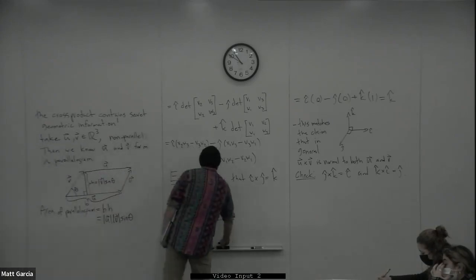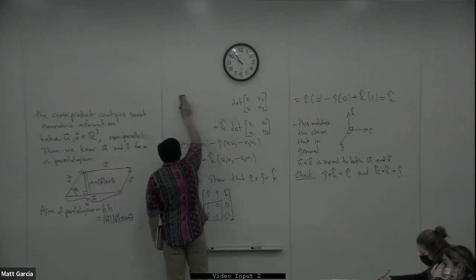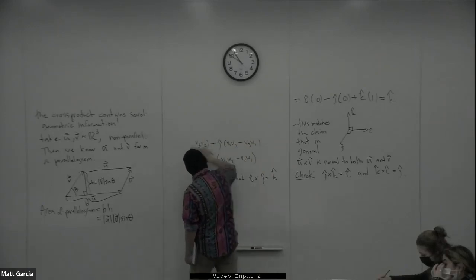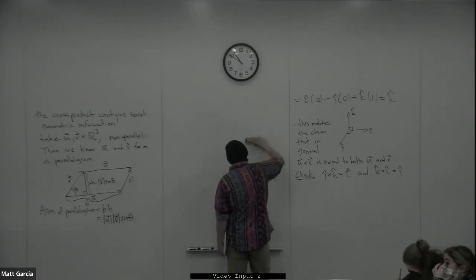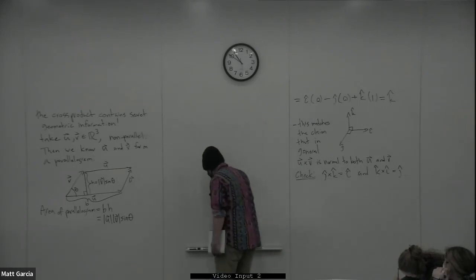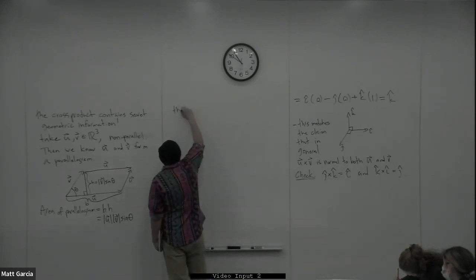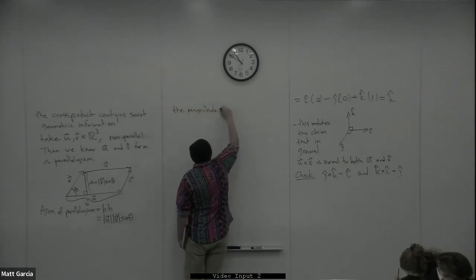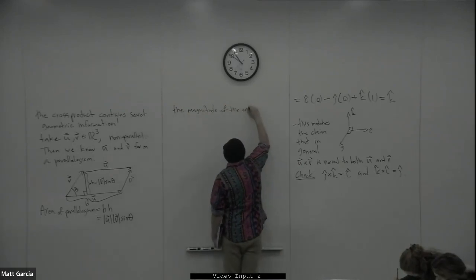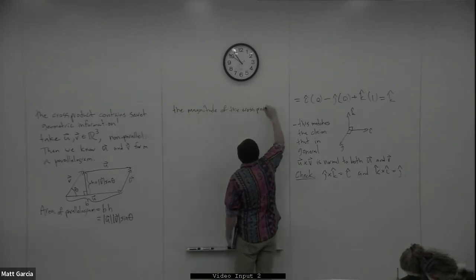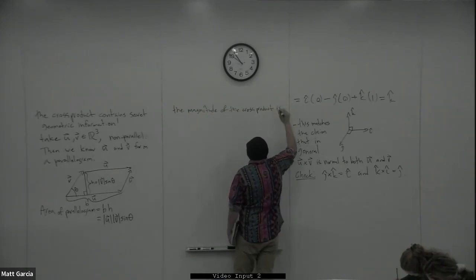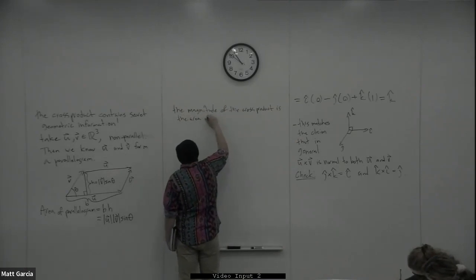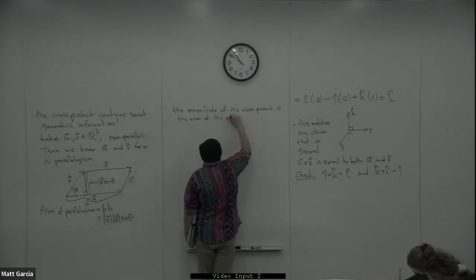Okay, so here's the miraculous fact. The magnitude of the cross product is the area of the parallelogram.